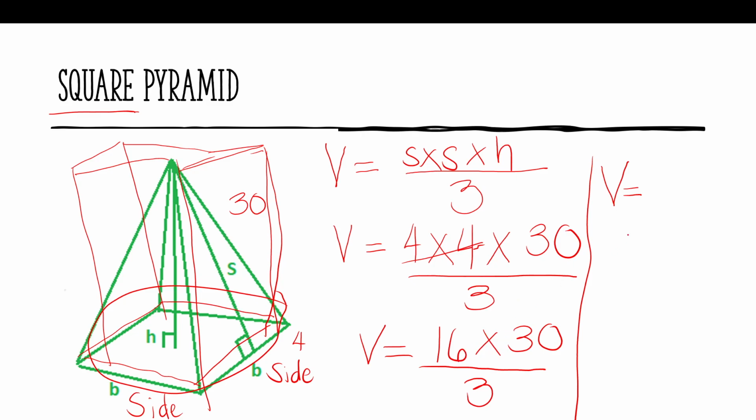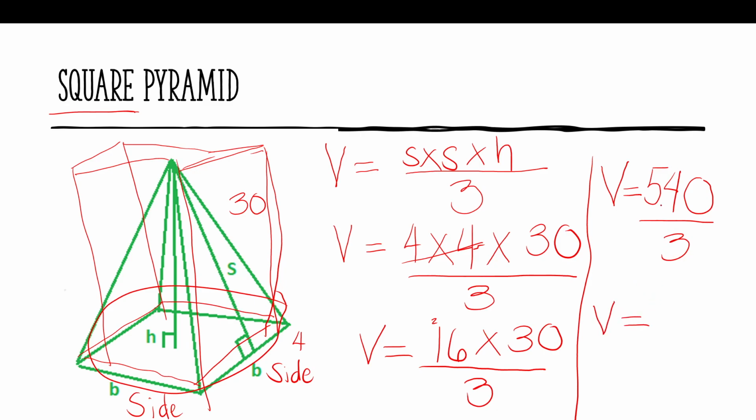So, 3 times 6 is 24. Carry 2. 3 times 1 is 3 plus 2. That is 54. And then, ibalik natin yung hiniram natin na 0. So, that is 540. And then, ibalik natin si divided by 3. So, we have 540 divided by 3.